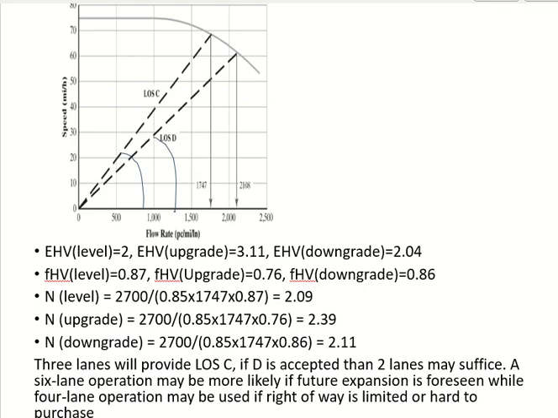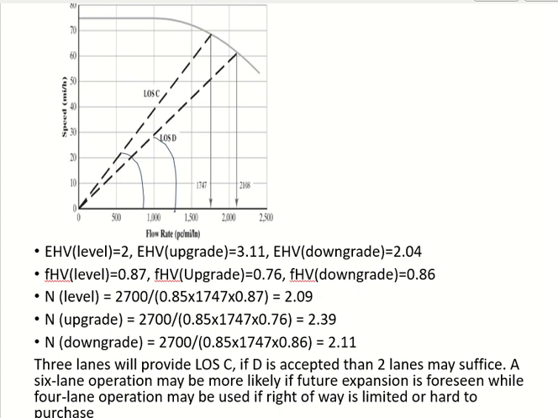For D, it intersects at 2108. So if your road has a flow rate less than this, then your level of service is C or better. If your highway has a flow rate of 2108 or less, your level of service is D or better.